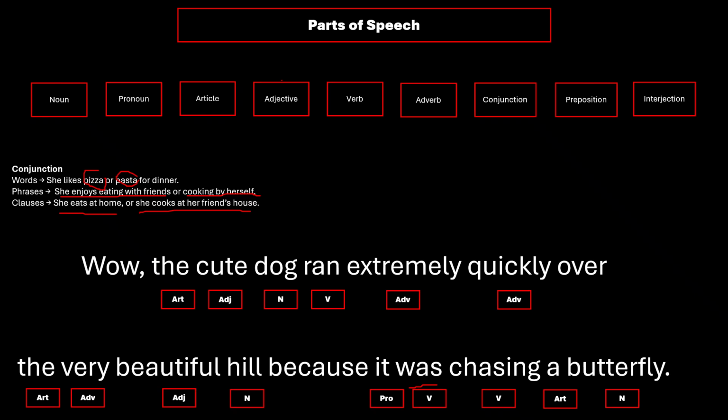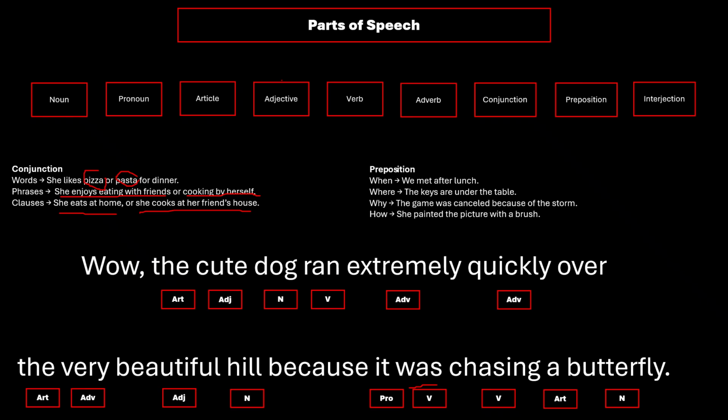All right. On the other hand, we have preposition. Preposition is relating not anything, but only a noun or pronoun to another word, indicating when, where, how, and why things happen, or showing its relationship.